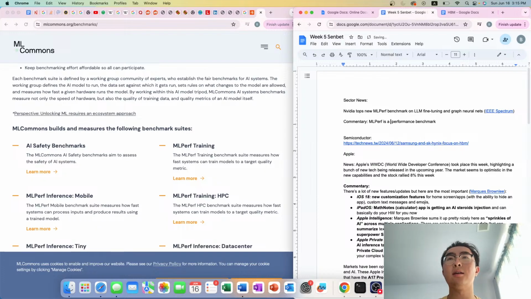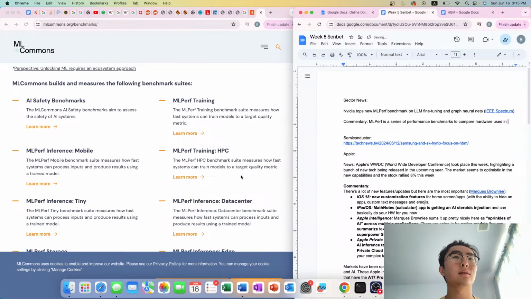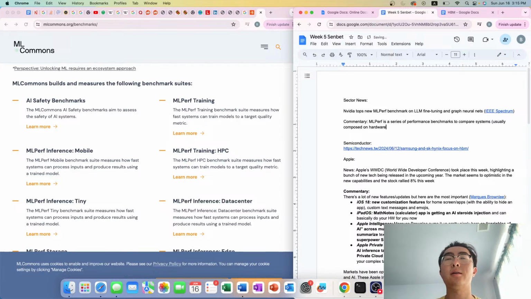Is a series of benchmarks to compare the ability of systems. So I guess systems are usually composed of hardware, software.